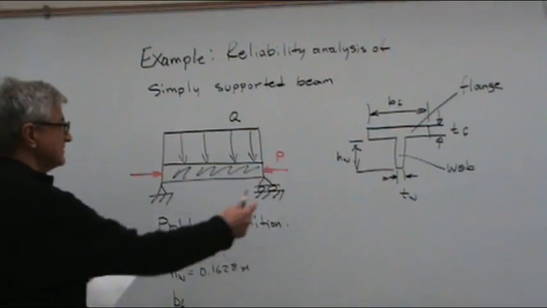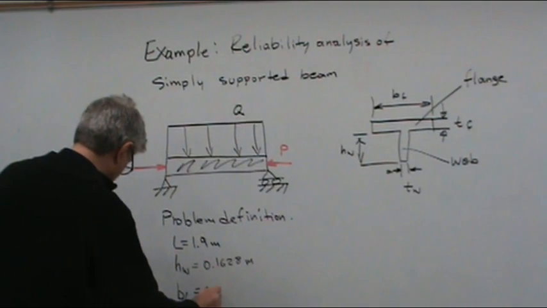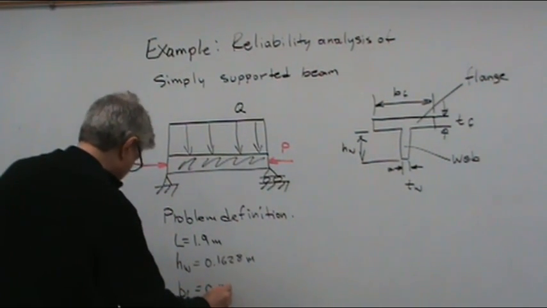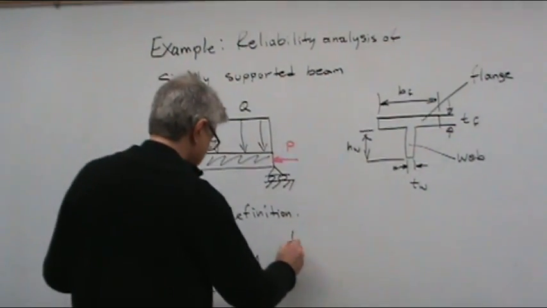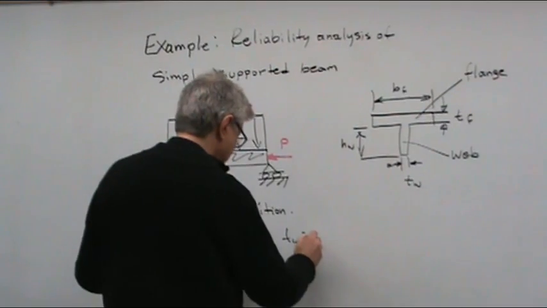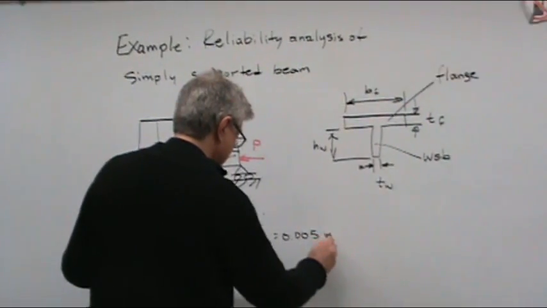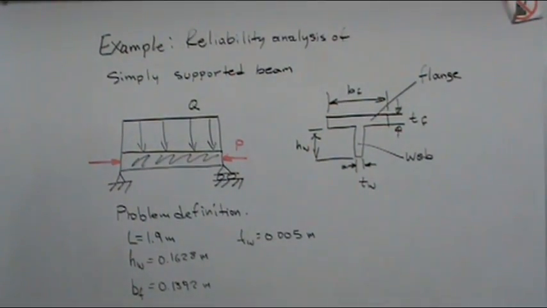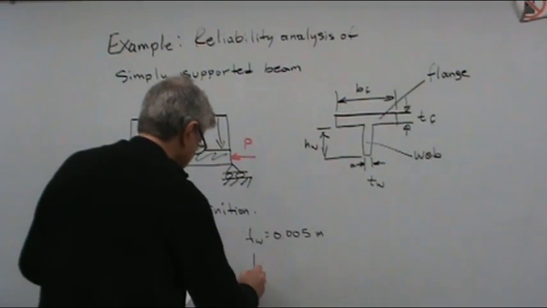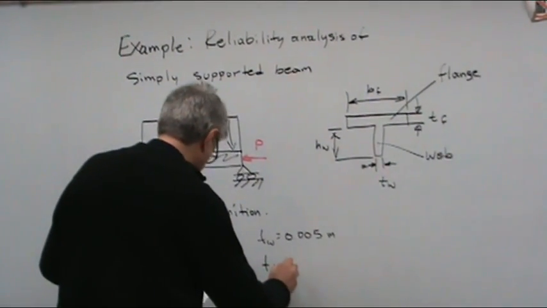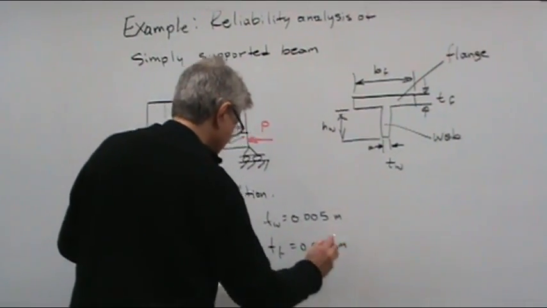The flange dimension is 0.1392 meters. The thickness of the web is 5 millimeters, or 5 thousandths of a meter, and the thickness of the flange is this.